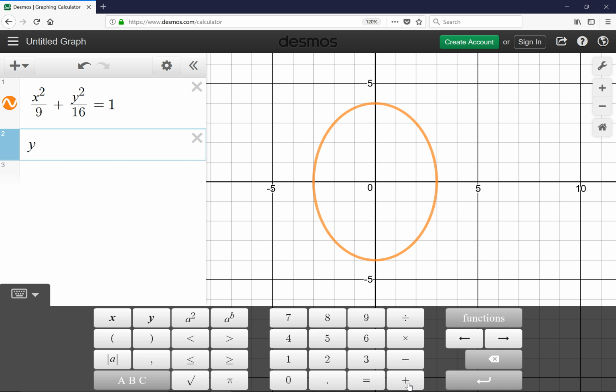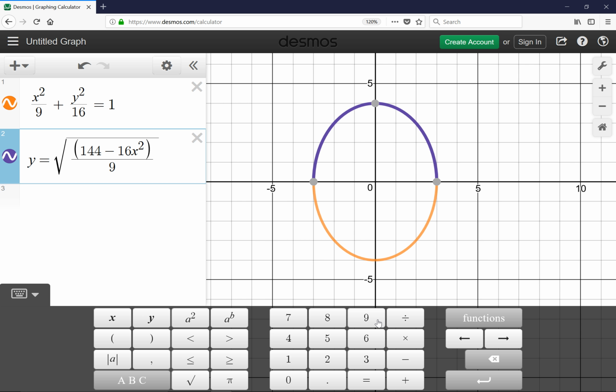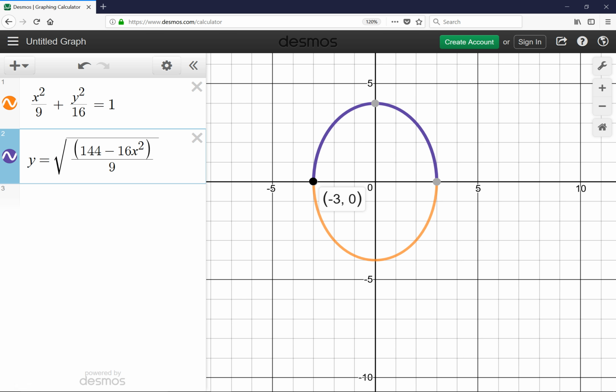So I've got y equals the square root of 144 minus 16x squared, over 3. Nice, you see that? And now I've just taken and rotated that across the x-axis, and of course it goes from -3 to 3.